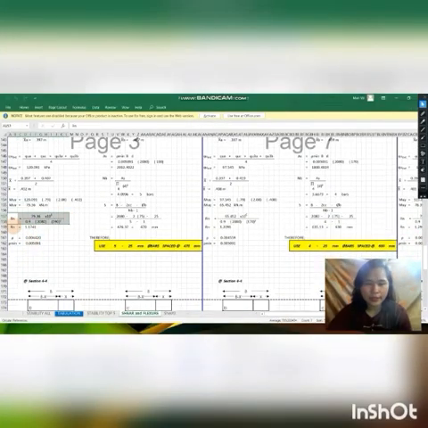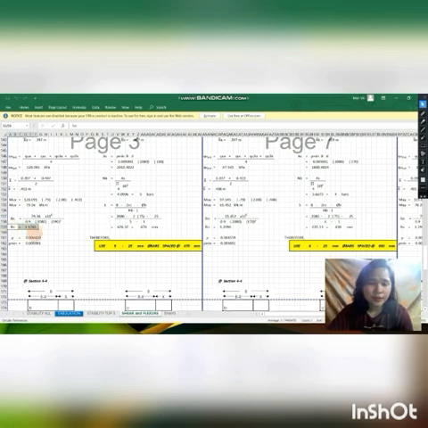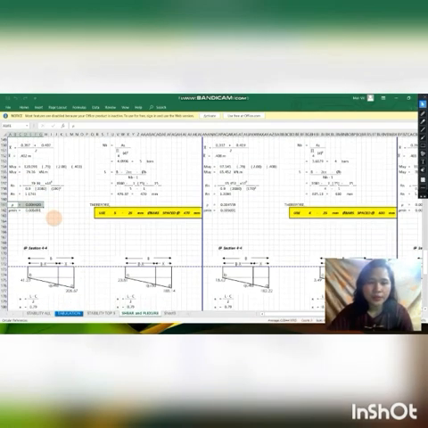Our Rn is equal to MUy over the safety factor of 0.9 times B in millimeters and depth in millimeters squared. So we will arrive at the answer of 1.1741 MPa.